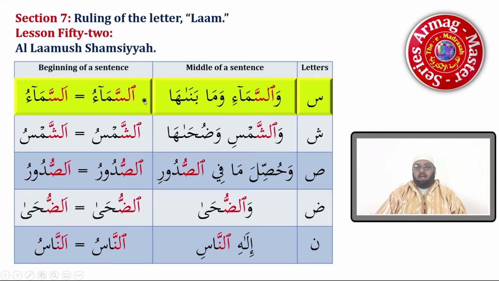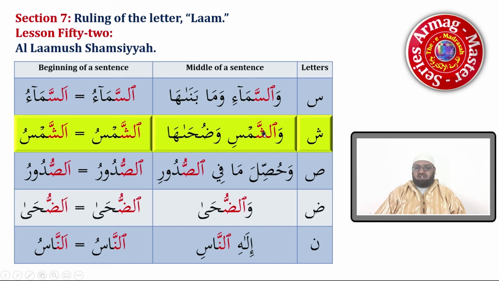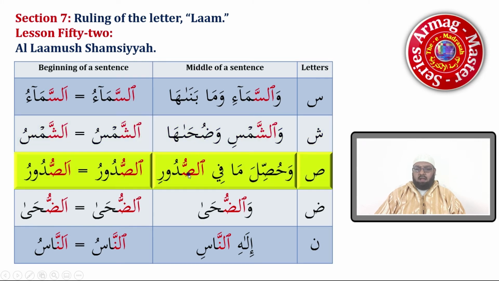Okay? The next example here is sheen. And we have Sheen coming after Alif and Lam. So Alif and Lam are written, but they're not pronounced. So we say Washamsi wa duhaha. Okay? Sad. We have sad here coming after Alif and Lam.